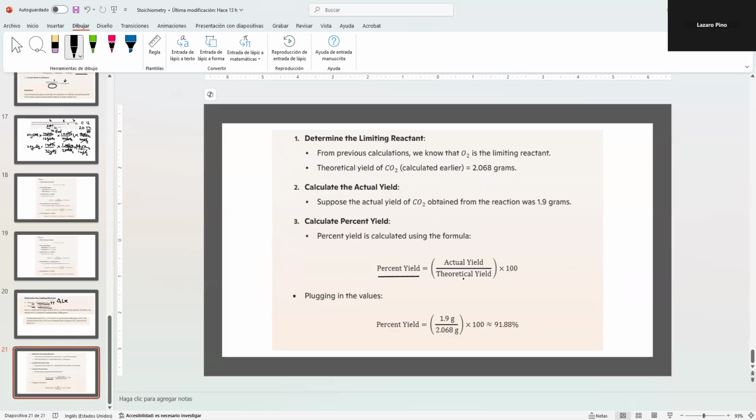Suppose that in real life you get only 1.9 and not the amount that you calculated. Then you divide the actual yield, that is the amount that is obtained in real life, by the one that you calculated, that is the theoretical yield, and you multiply by 100 and you get that the percent yield is 91.88%.